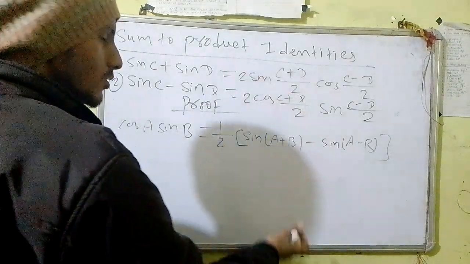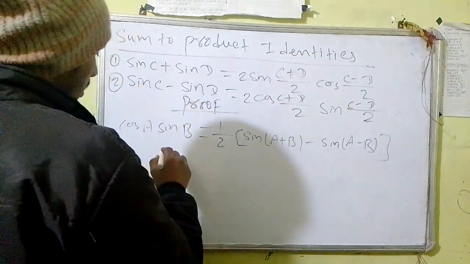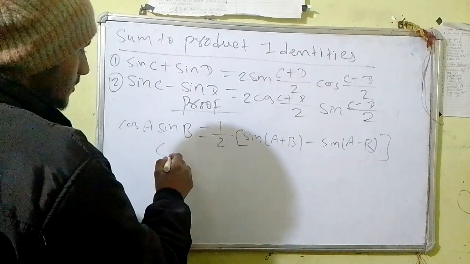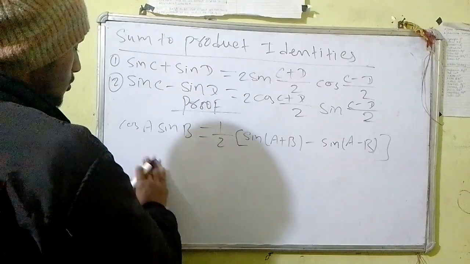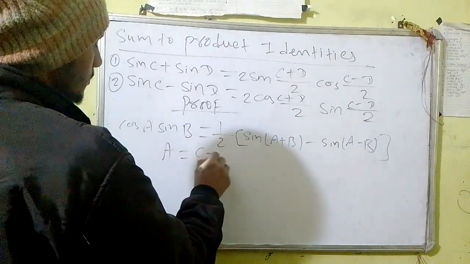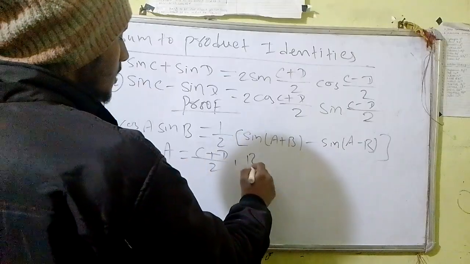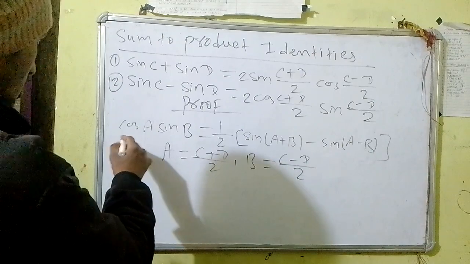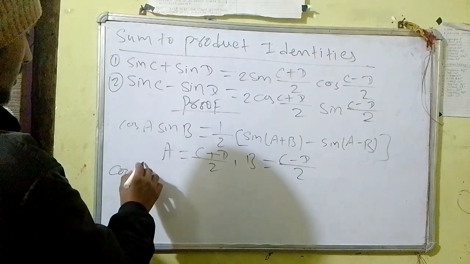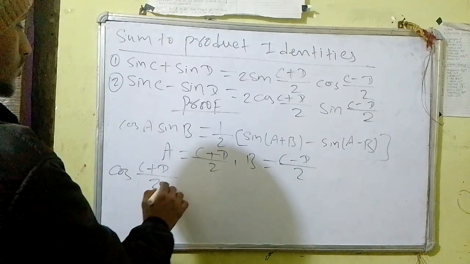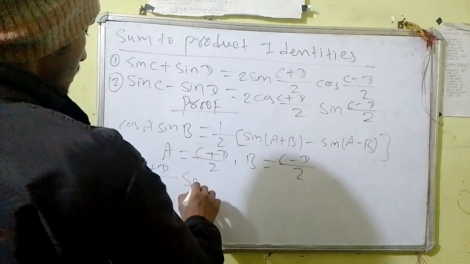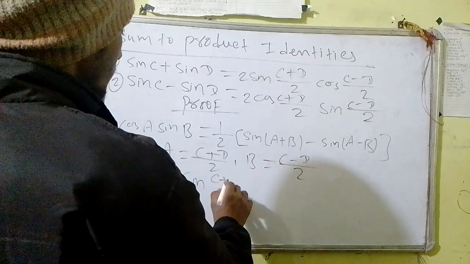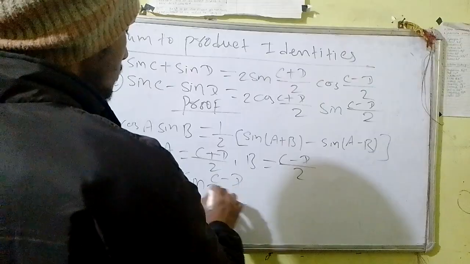Now let's build up from this. We know what the C's and D's are, so I don't need to write them again and again. Let's plug this in. This is going to be cosine of A, which is C plus D over 2, times sine of B, which is C minus D over 2.